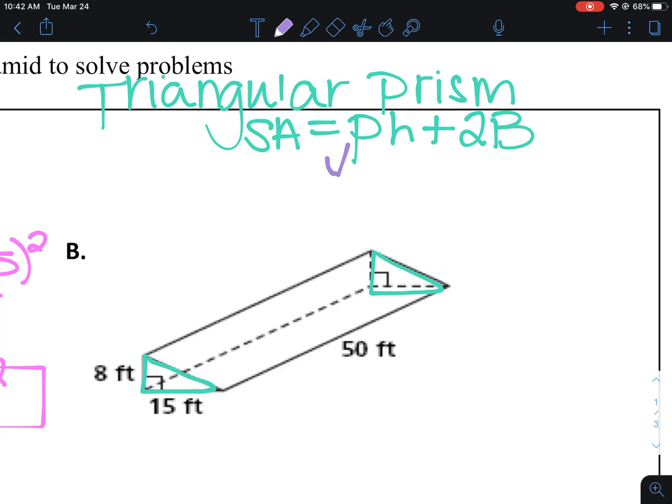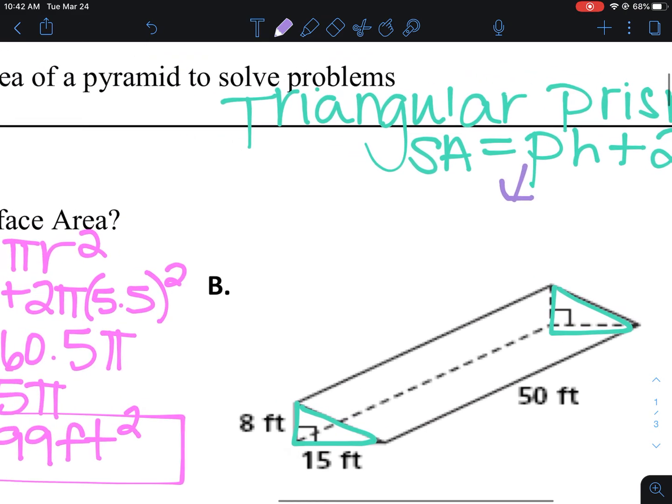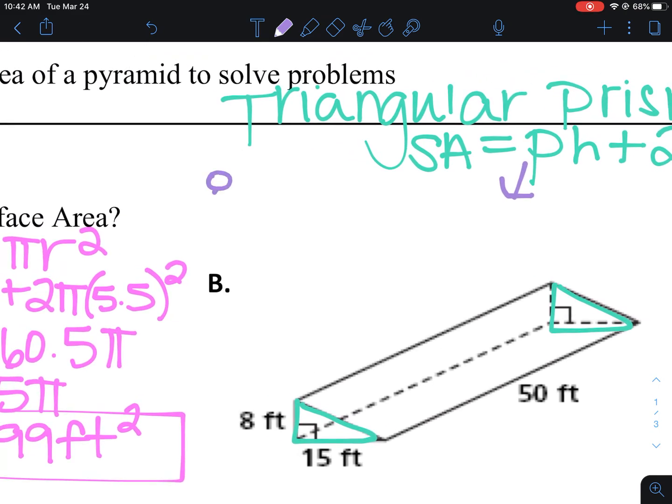Remember when I was doing these, I would branch these off so we could see what each part was, right? The perimeter of the base are what I just outlined, right? The triangles. The perimeter, we can't say what that is yet because we know one side of the triangle is 8, the other side is 15, but we don't know that third side. So remember what you got to do. Pythagorean theorem. 8 squared plus 15 squared.